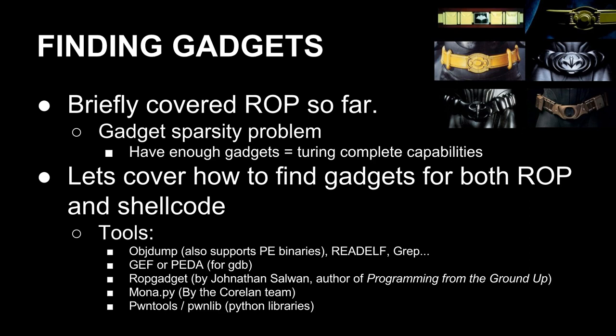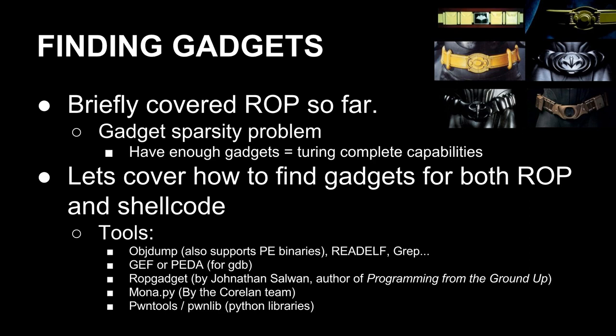Objdump, readelf, or PE parsing tools, grep, for debugger, the GEF or PEDA add-ons developed by the community for the GNU debugger, GDB, are exceptionally useful and just great tools.